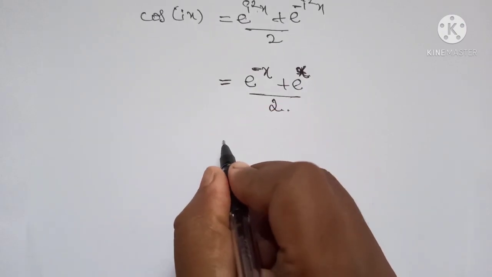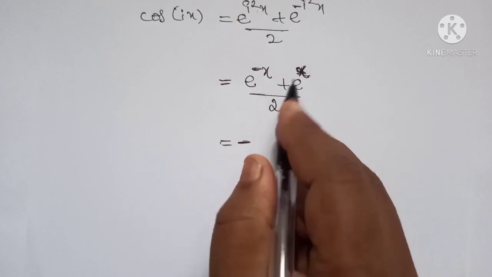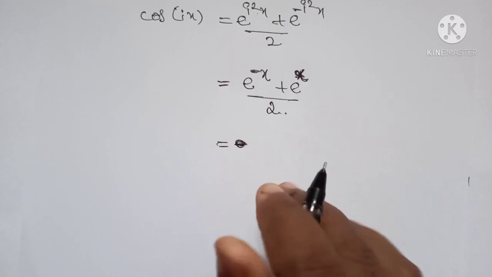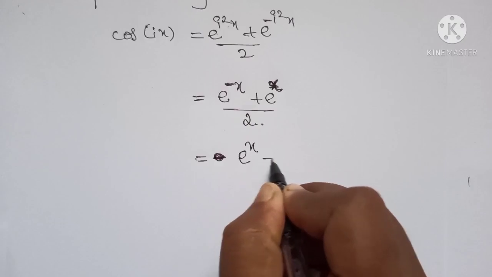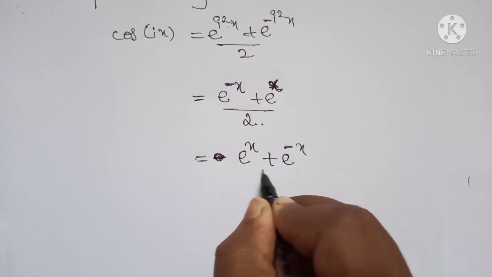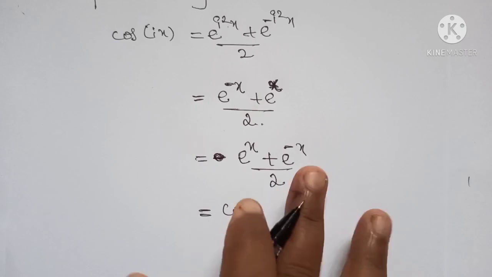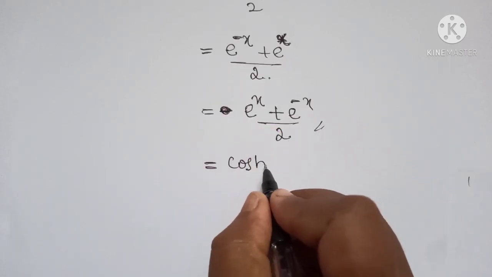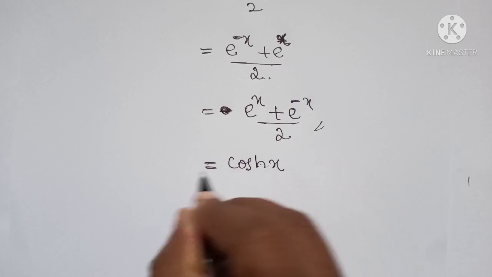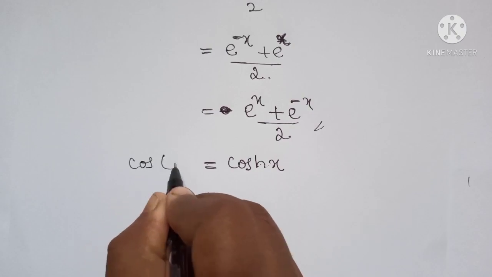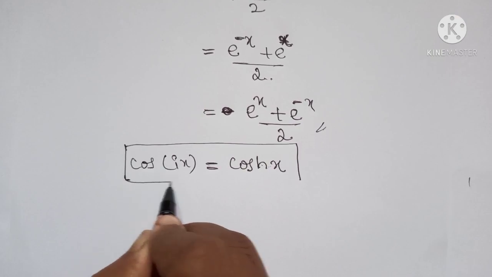It can be written as e raised to x plus e raised to minus x divided by 2. This is nothing but the hyperbolic function, by definition we get the hyperbolic function cos hx. So therefore cos of ix can directly be written as cos hx.